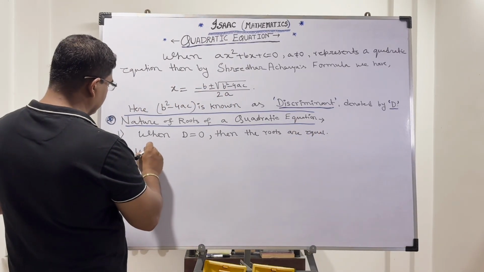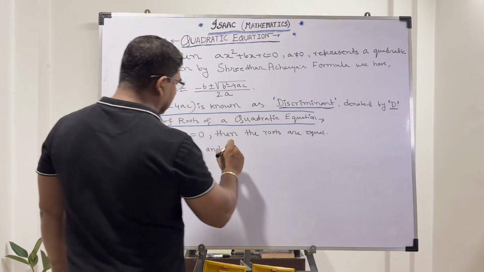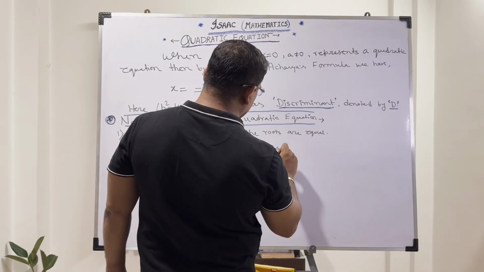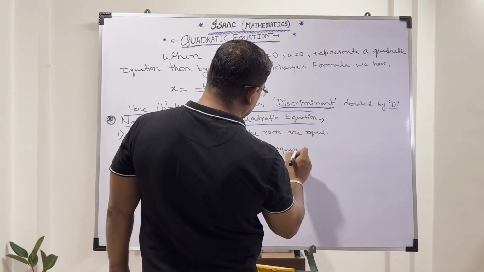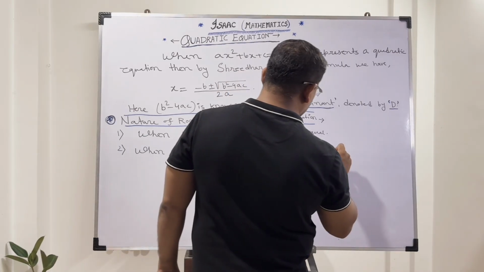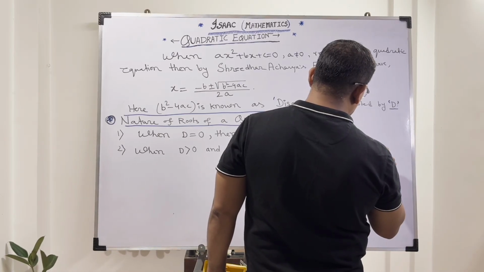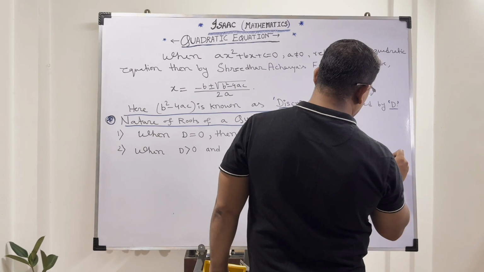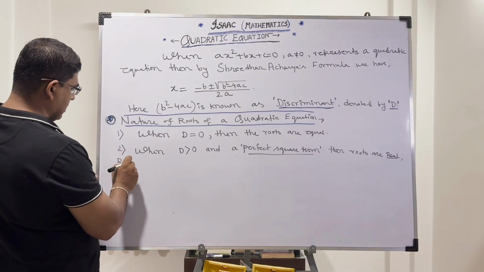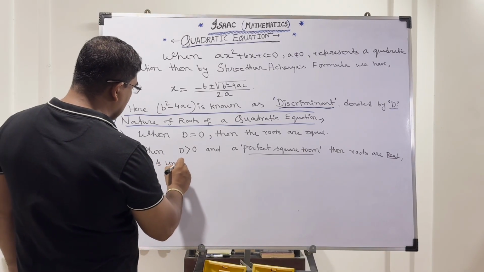Number 2, when D greater than 0 and a perfect square term, then roots are real, rational and unequal.